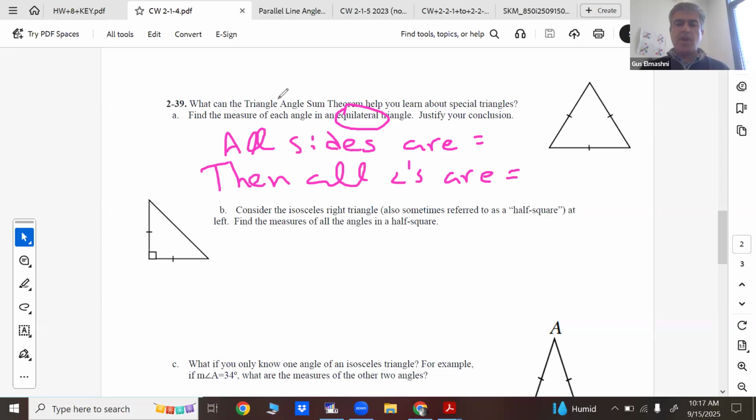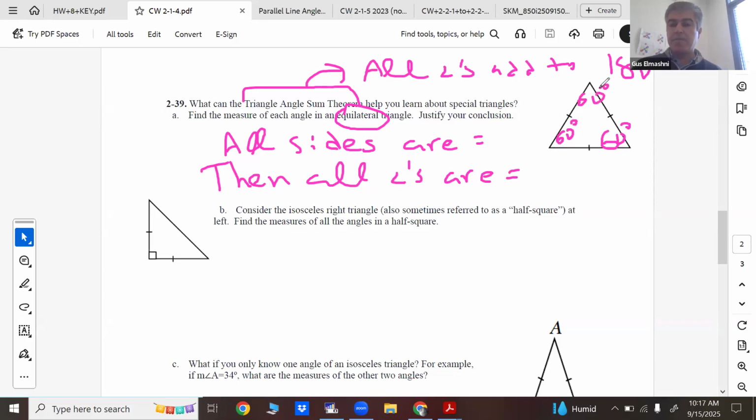And because the triangle angle sum theorem states that all angles add to what number, guys? Triangle, okay, 180. So it has to be 60 degrees. You have to split it equally among three angles, right?